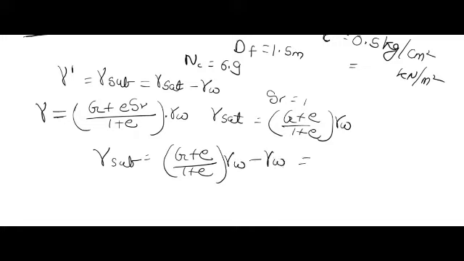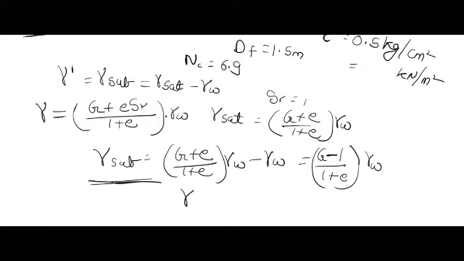It comes out to be (G minus 1) by (1 plus e) into gamma w, that is the submerged unit weight.